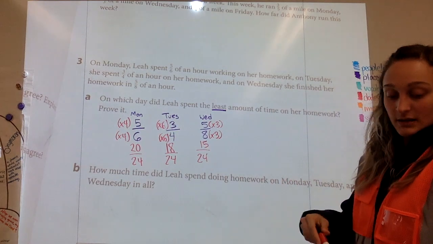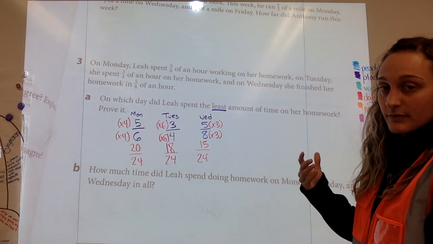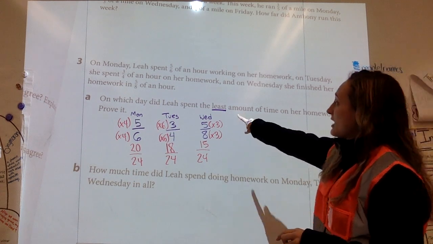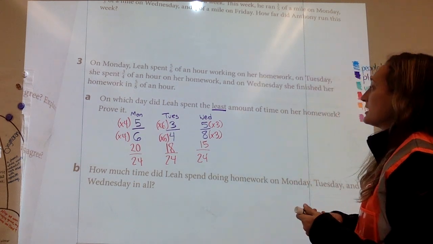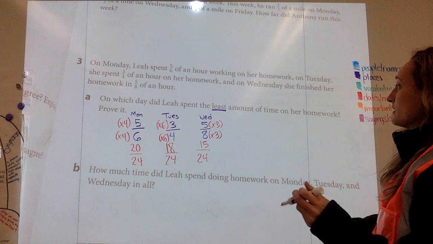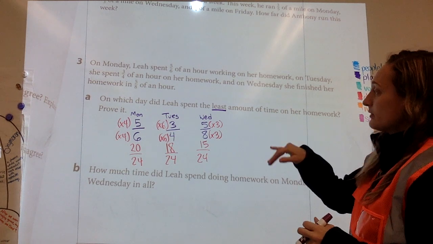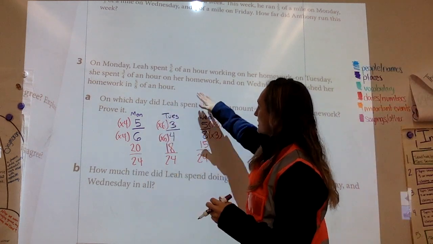Now I'm able to compare them. But I need to look back at the question, which is why I underlined least. On which day did Leah spend the least amount of time on her homework? Prove it. My proof is here. It's these numbers.